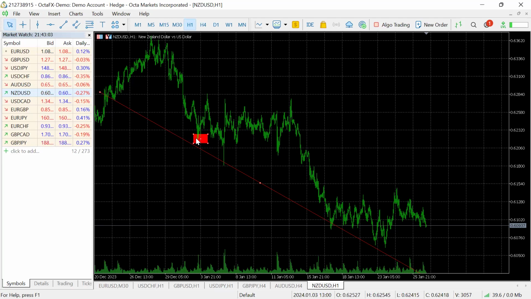You can see a low here. Then you can see another low. Let me use the region to explain this. You can see a low here, and then this is a high point here.